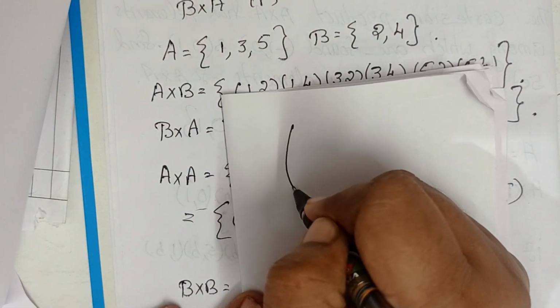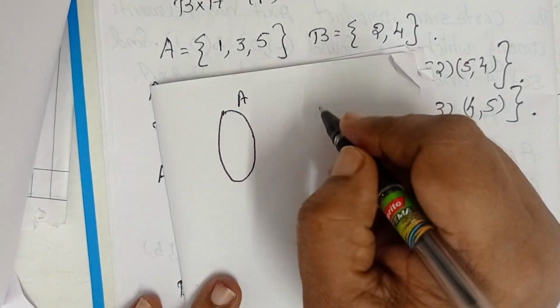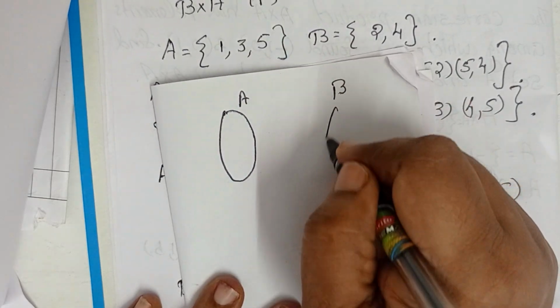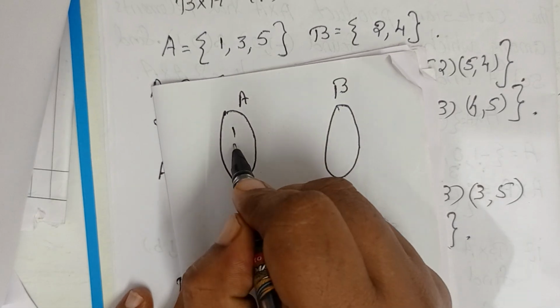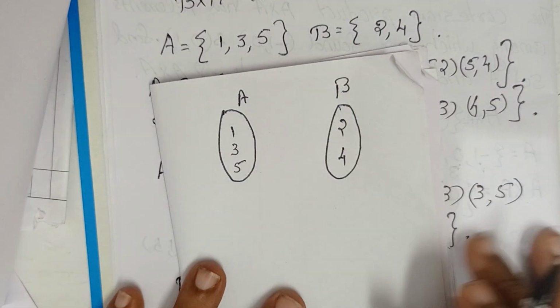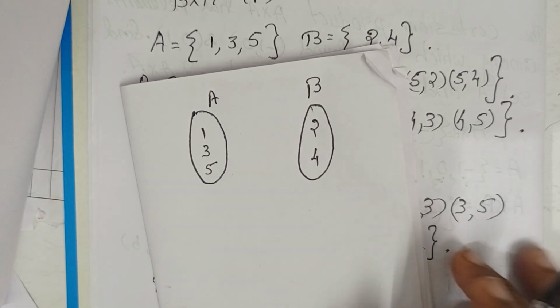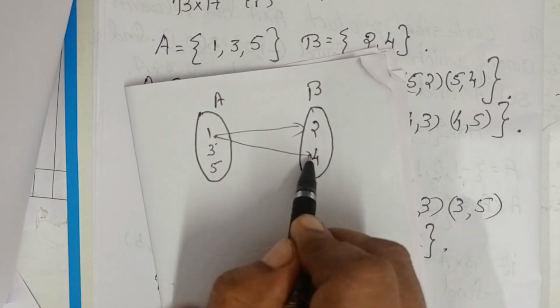ഒന്ന് കാട്ടെ. A is this. Arrow diagram കണ്ടിട്ടുണ്ടോ? A ഇത്, B. What are the elements of A? 1, 3, 5. B is 2, 4. വെരി സിമ്പിൾ ആണ് ആരോ ഡയഗ്രാം. 1, 2, 1, 4 ആണോ?